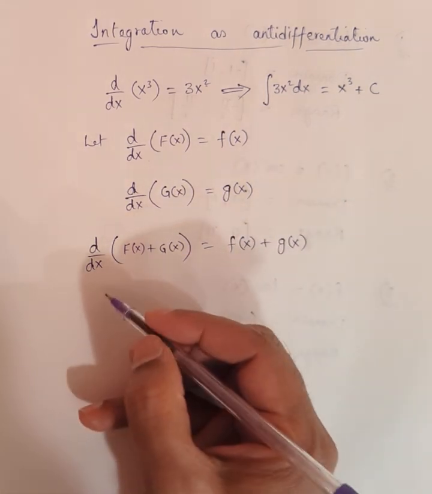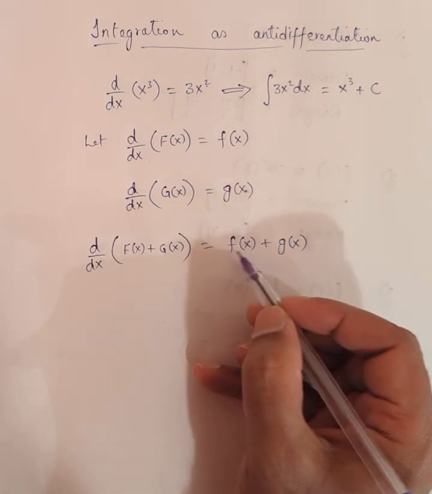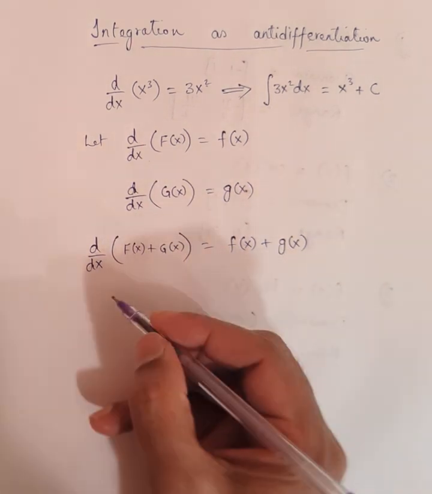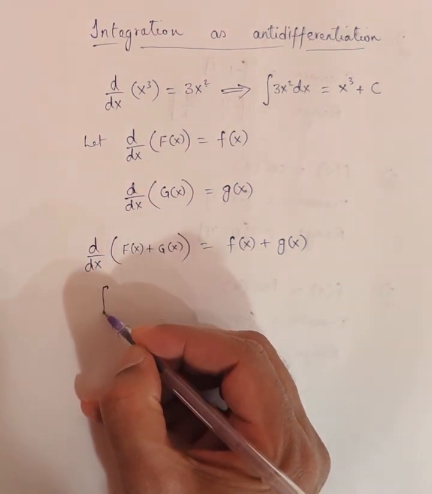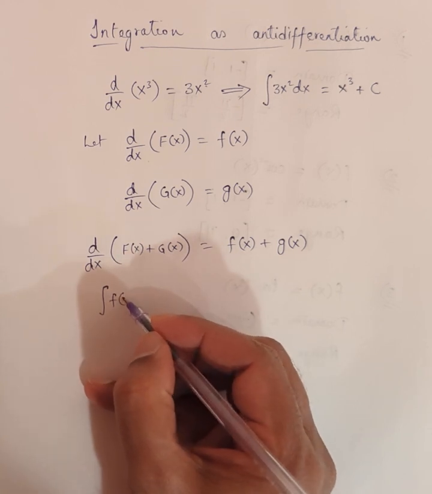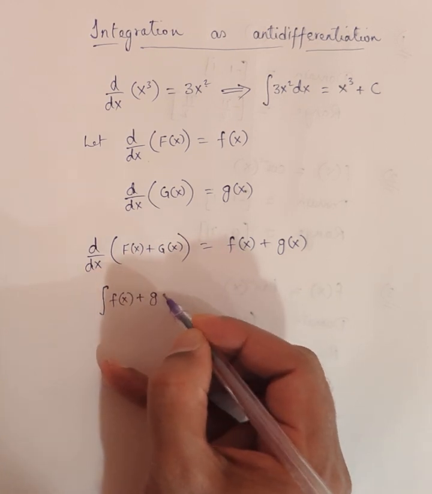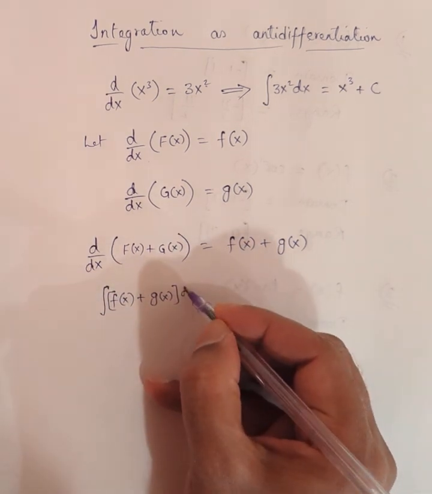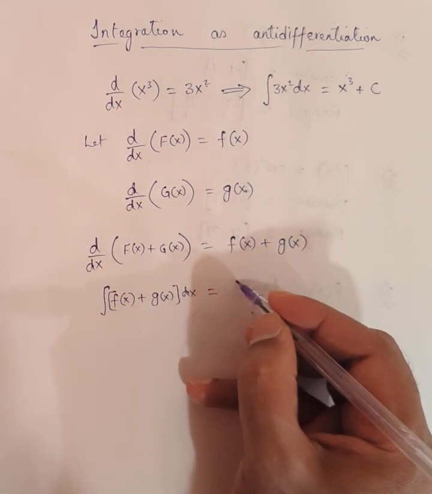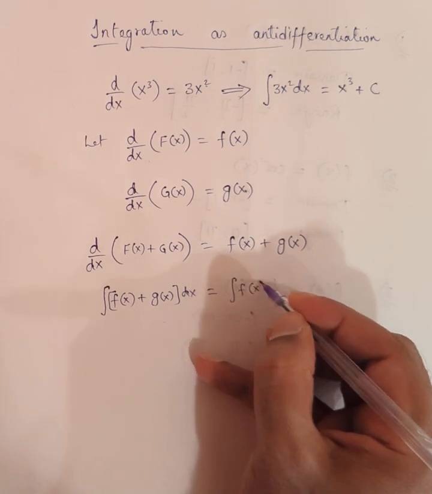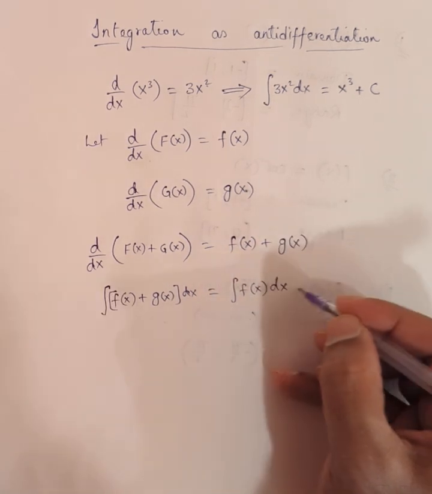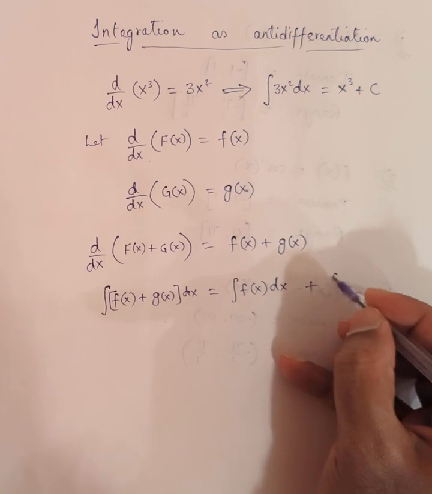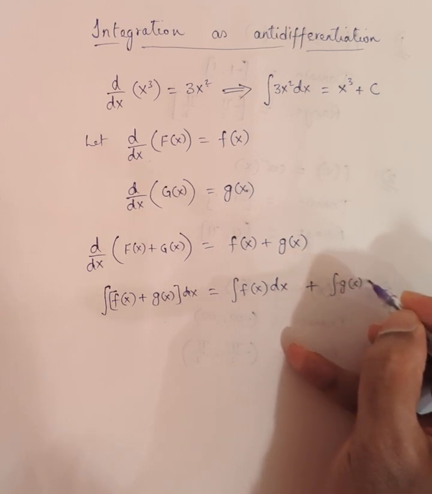So notice, if I were to integrate this, I get that, which means the integral of f of x plus g of x is going to be the same as the integral of f of x with respect to x plus the integral of g of x.